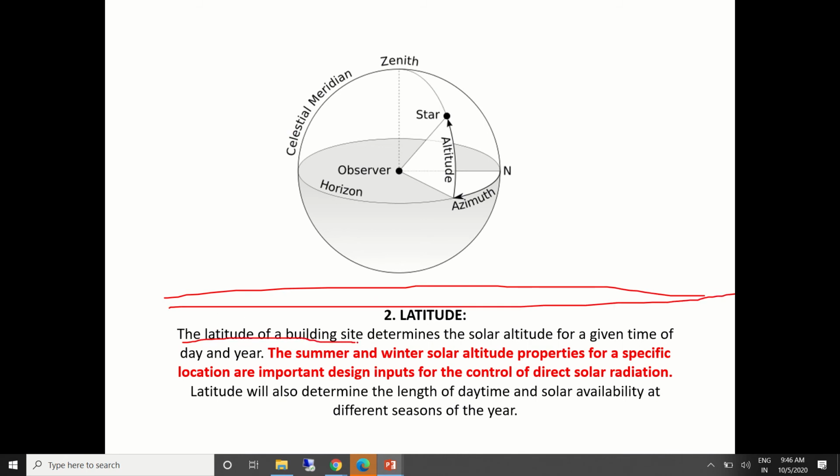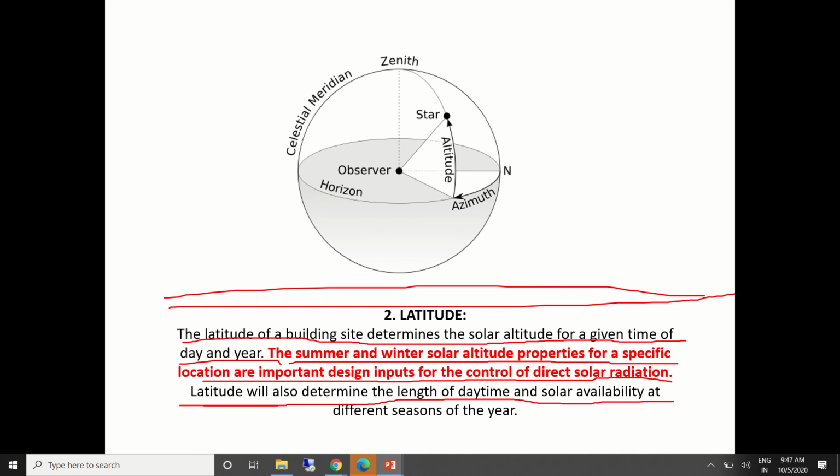The latitude of the building site determines the solar altitude for a given time of day and year. The summer and winter solar altitude properties for a specific location are important design inputs for control of direct solar radiation. Latitude will also determine the length and the availability of solar radiation.